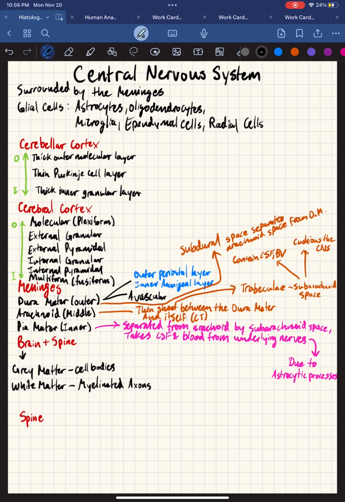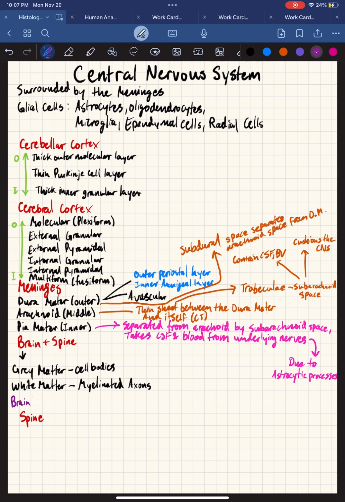So the way it's organized in the brain, let me change colors here. In the brain, gray matter and white matter are organized differently than the gray matter and the white matter in the spine.